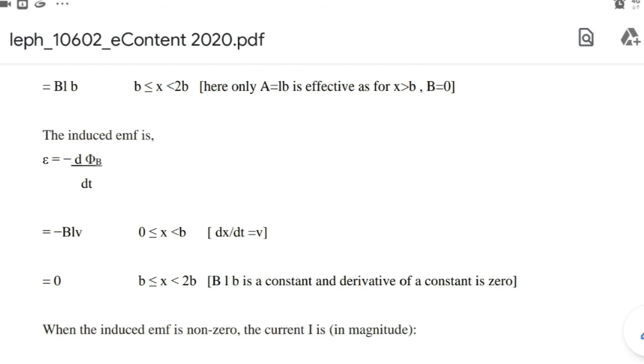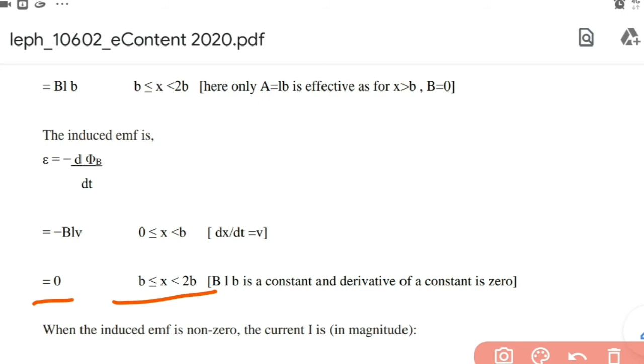And from b to 2b, since the flux is BLb, the flux is constant, there is no change in flux, and hence the induced EMF will be equal to 0. So from the range b to 2b, the induced EMF is equal to 0.